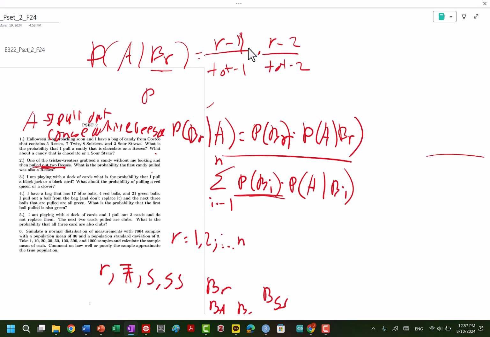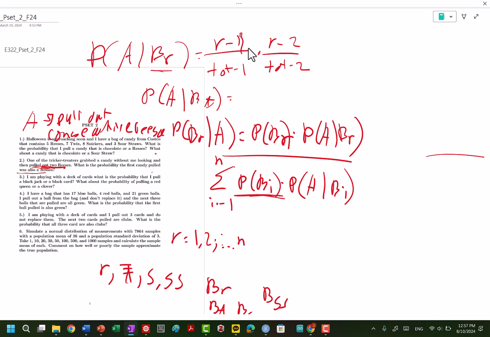Good. Now, what about if it was a Twix? So what's the probability of me pulling out 2 Twixes, given that the first one that I pulled out was a Reese's? Actually we can redefine it a little bit here.